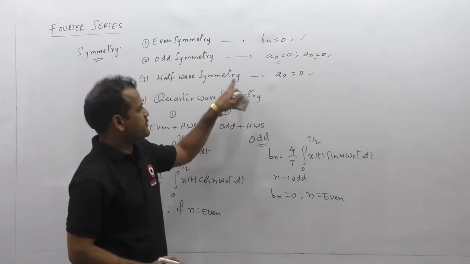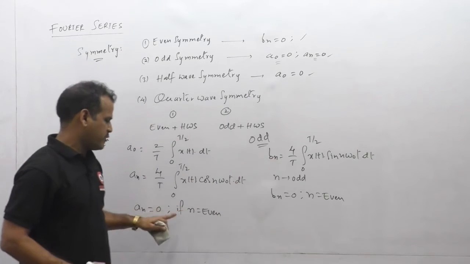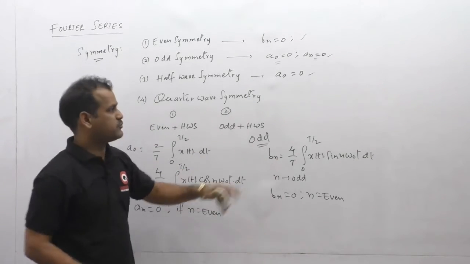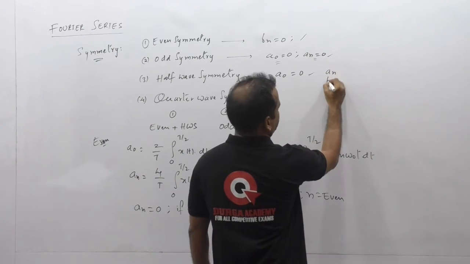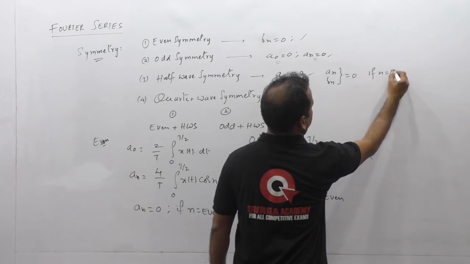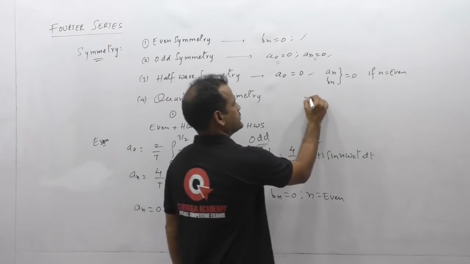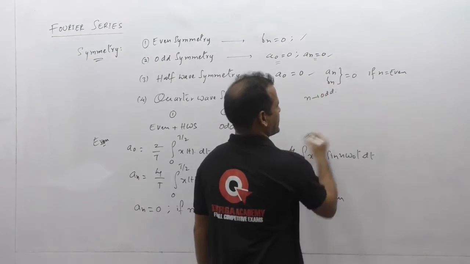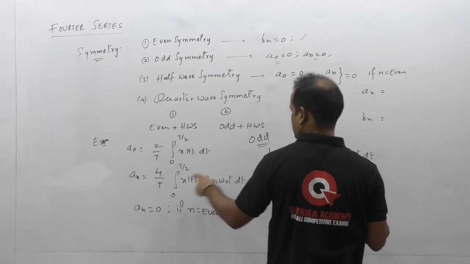Similarly, for half wave symmetry, only A0 is 0, and An and Bn values we can calculate by using these two formulas. You can observe, for half wave symmetry, An and Bn both are equal to 0 if n value is even. Whereas if n value is odd, we can calculate An and Bn values using these two formulas.